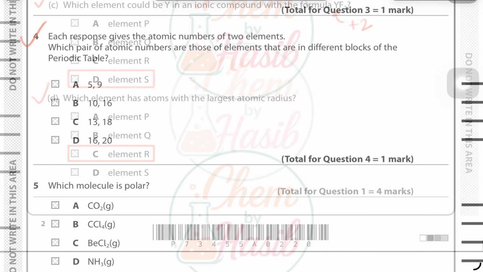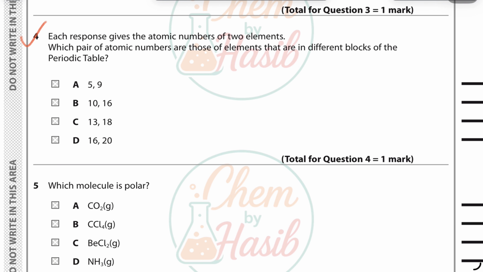Okay, we move on to the next question. It says, which pair of atomic numbers are those of elements that are in different blocks of the periodic table? Now if you look at option A, it says 5 and 9. Atomic number 5 is boron and atomic number 9 is fluorine.